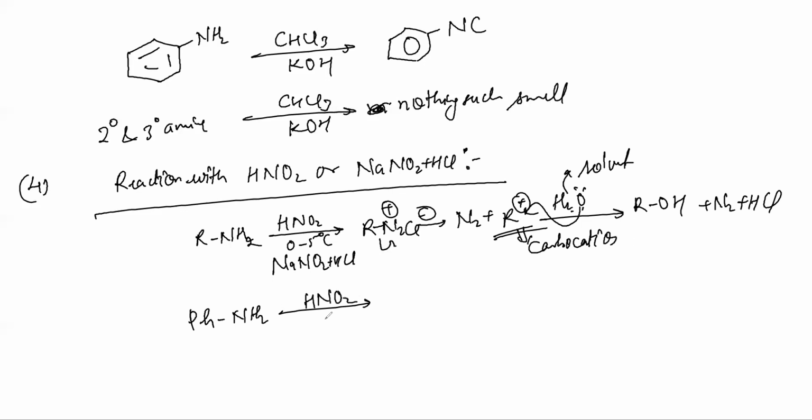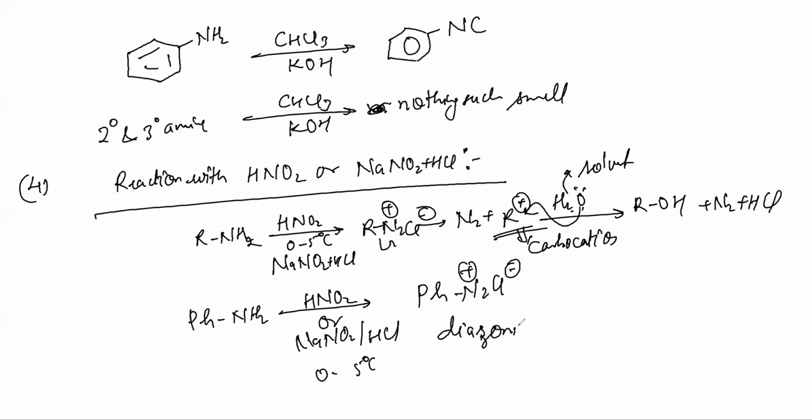If you treat PhNH2 with HNO2 or NaNO2/HCl at a temperature of 0 to 5 degrees Celsius, you get PhN2+ Cl-, the diazonium salt. Remember? Very, very important.